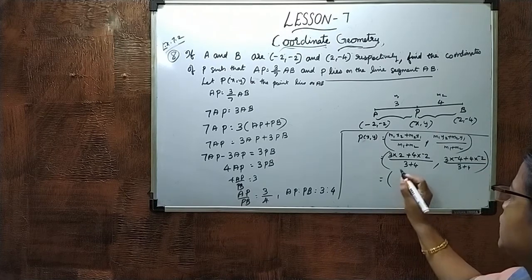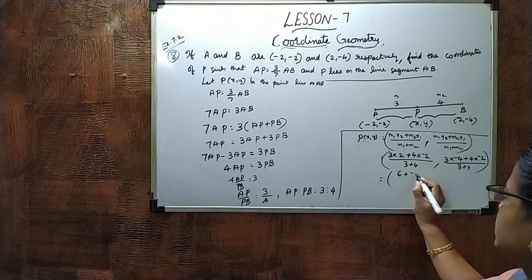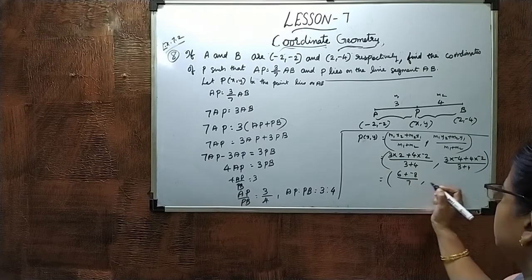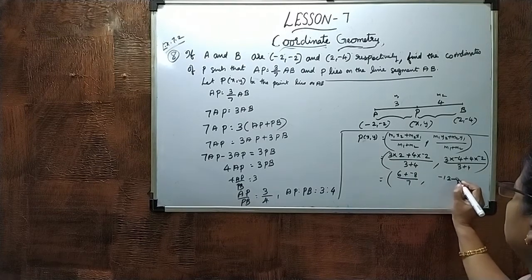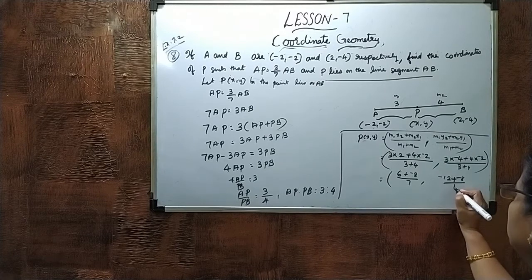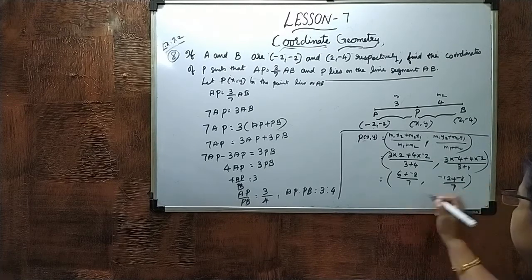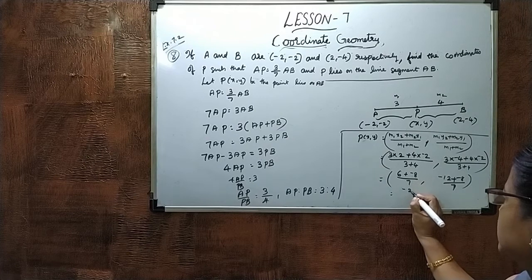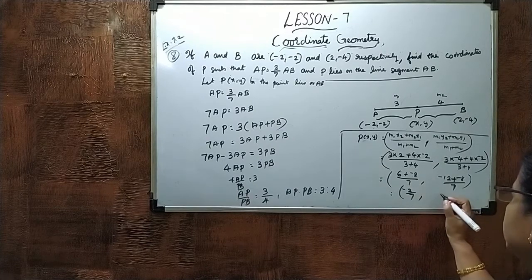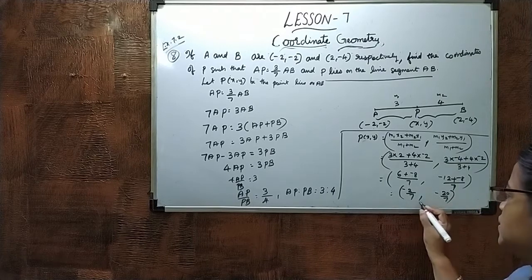So it will be 3 into 2 is 6 plus negative 8 divided by 7, and negative 12 plus negative 8 divided by 7. 6 plus negative 8 is negative 2 by 7, and then negative 20 by 7. We get the answer like this.